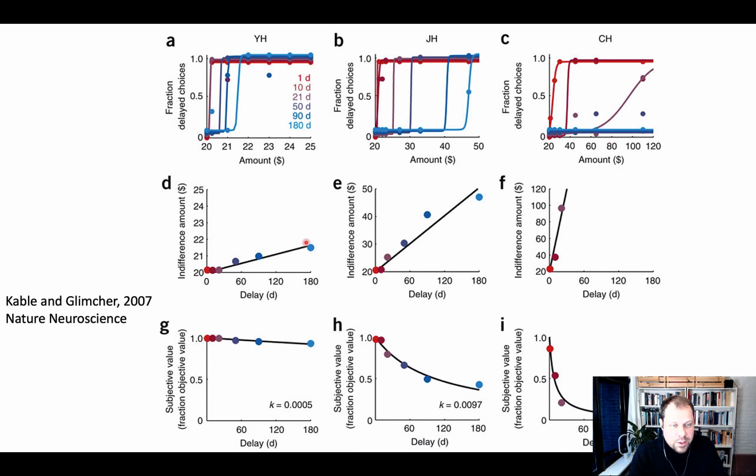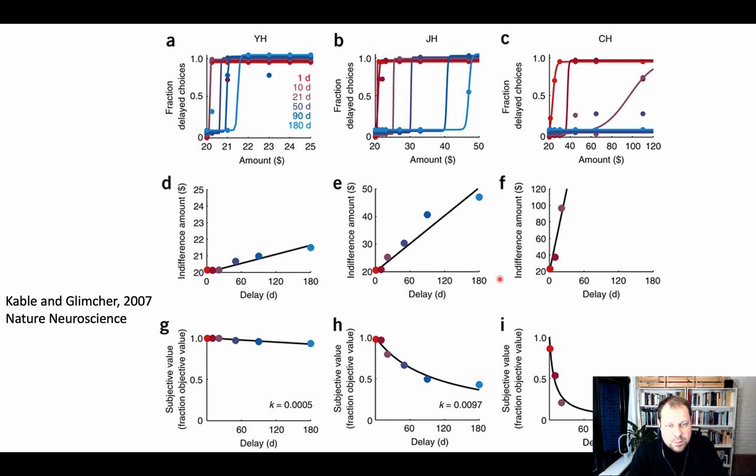This can then be translated, so these choices can then be used to compute indifference amounts for each of the different delays. So the indifference amount for 180 days for this person who's very patient was $22.